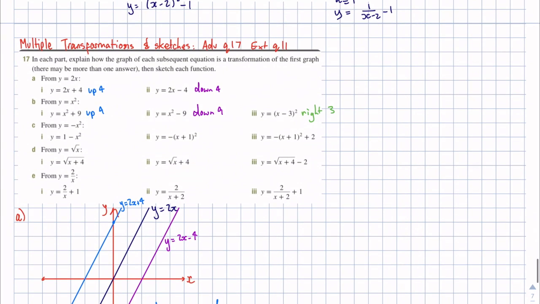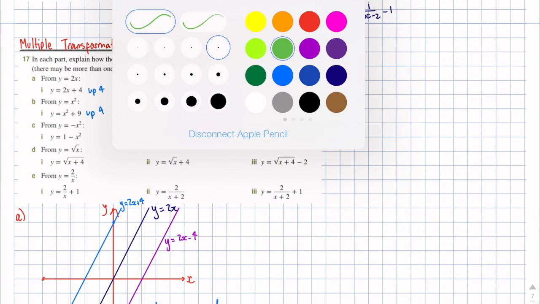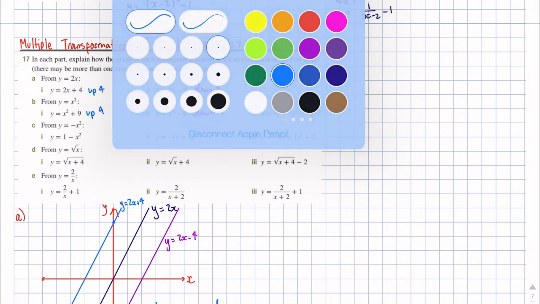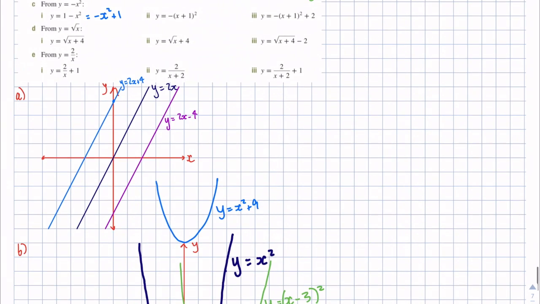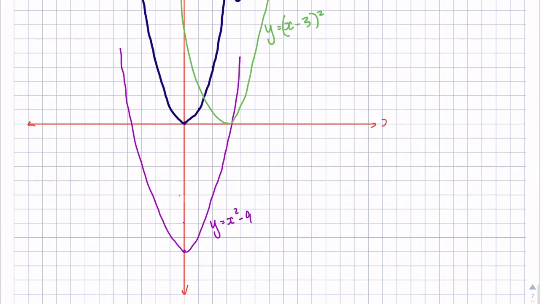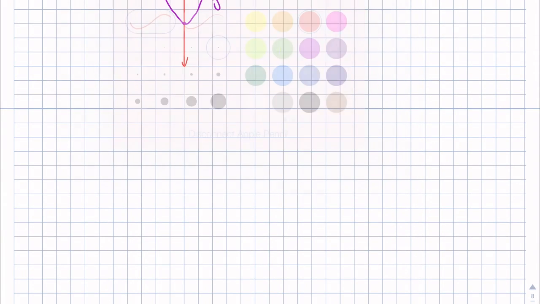Okay, now minus x squared. I'll do this first one in light blue. So y equals 1 take x squared is the same as negative x squared plus 1. But let's actually start off with our y equals x squared. So 17c. Give myself a nice little axis.